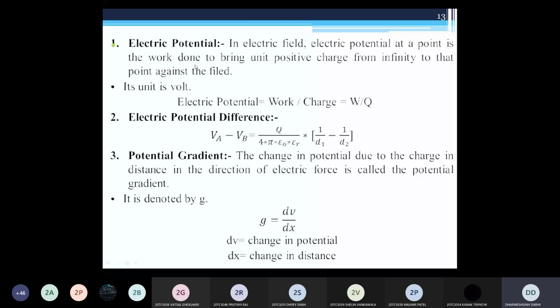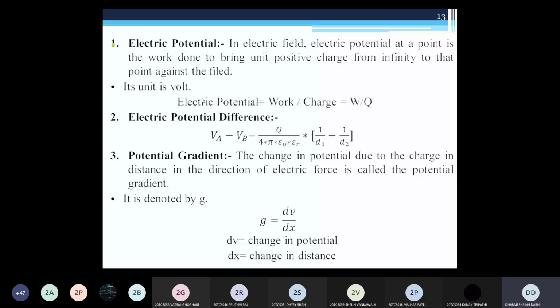It may be a negative or a positive unit charge, from infinite distance to that point against the electric field. If the direction of the electric field is from right to left, then we require force to bring the unit positive charge from right to left, in the opposite direction of the field. That work done is called the electric potential.